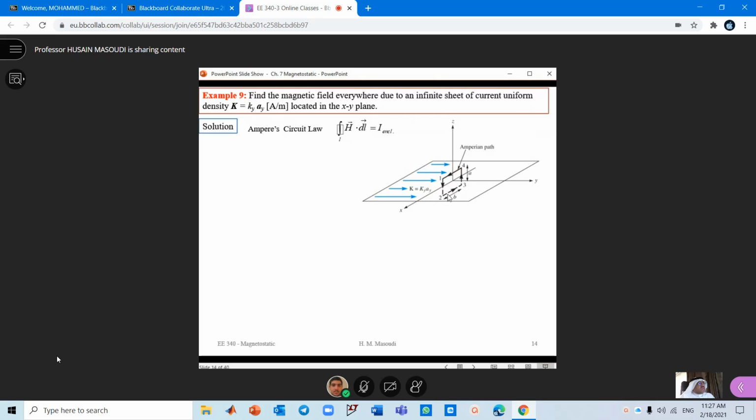The width of this path is B and the height is A. Again, these are arbitrary. It could be any number, it doesn't matter.